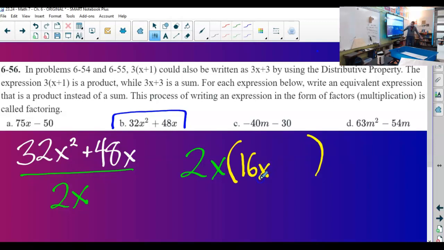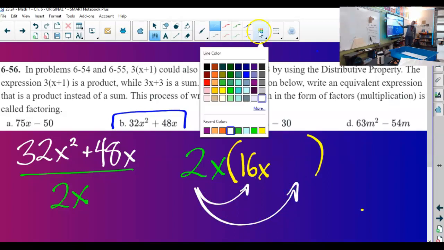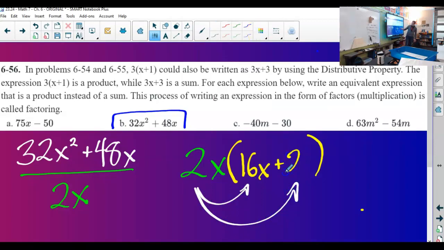Another X. So that has to be 16X. What does 48X need coming from 2X? Because this got us 32X squared. 24. Do we need another X? No. So this is just 2X times 16X and 24.